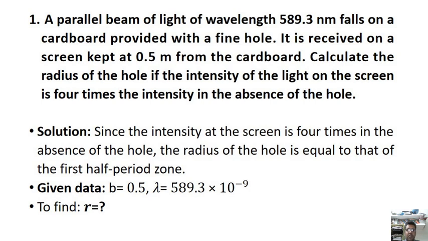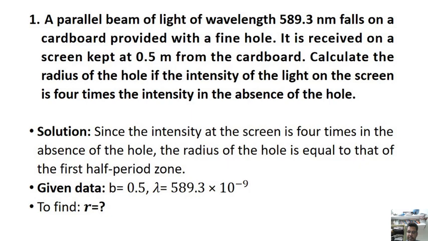After knowing this, what data are given here? The wavelength is given, lambda is equal to 589.3 nanometer, and also the distance. The distance b is given, the screen distance, the screen kept at 0.5 meter.